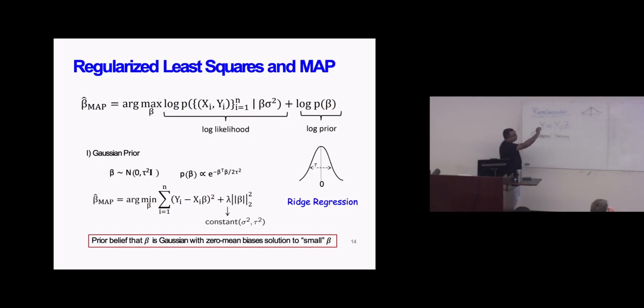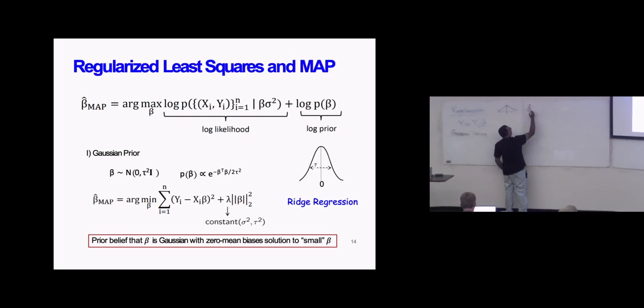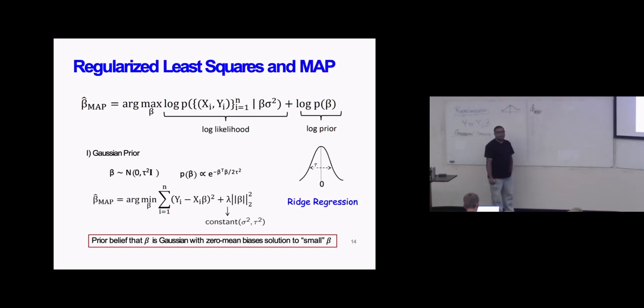So if you look at the solution, because we are adding a prior, we don't have a maximum likelihood problem, we have a maximum a posteriori solution, right? Because remember, probability of y given x is proportional to probability of x given y, probability of y, right?